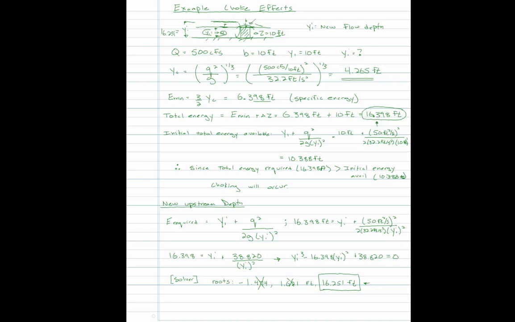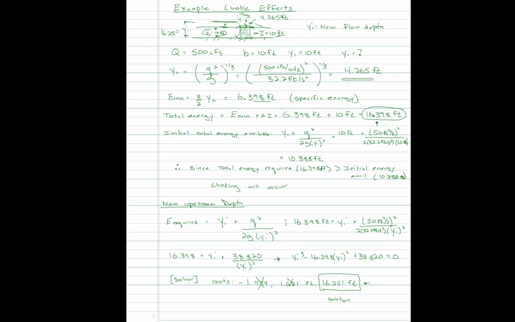Here it'll be flowing at the critical depth of 4.265 feet, and of course there will be some velocity head term. You know, this term right here is v squared divided by 2g, and essentially that's the solution here.